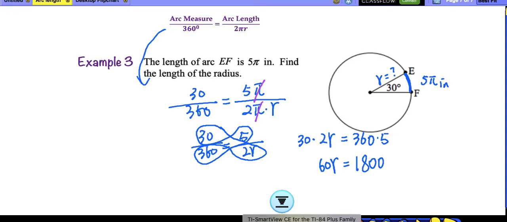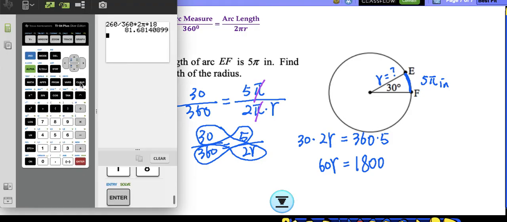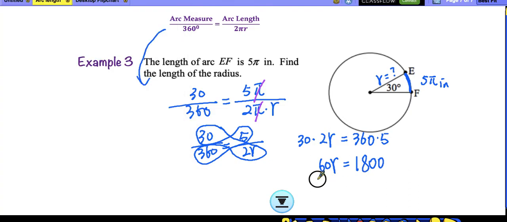You can always use a calculator to double check if I'm right. So it's 360 times 5, so it's 1800, okay? So last step, in order to solve for r, we need to isolate r. We have to do the same thing for both sides. Divide by 60, then r is 30.